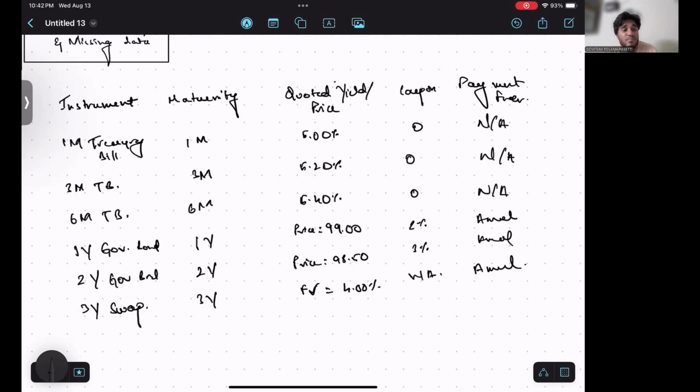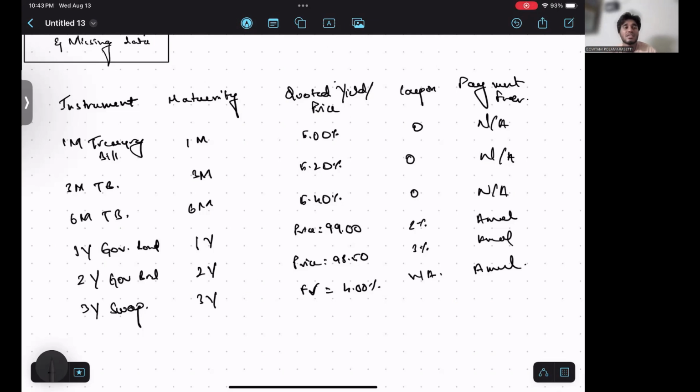The fixed rate for the 3 year swap contract is 4%. The coupon rate for the 1 year government bond is 2%, and the coupon rate for the 2-year government bond is 3%. And all the payments of the bonds and the swap contracts are annual.